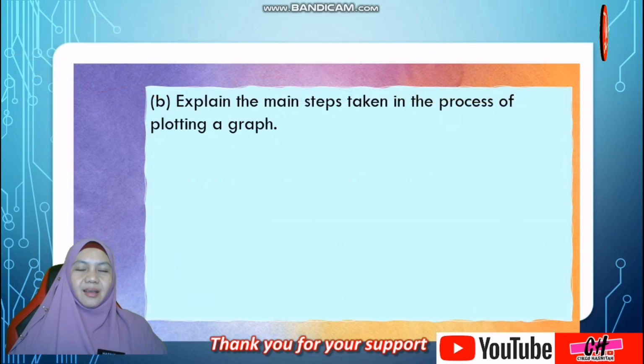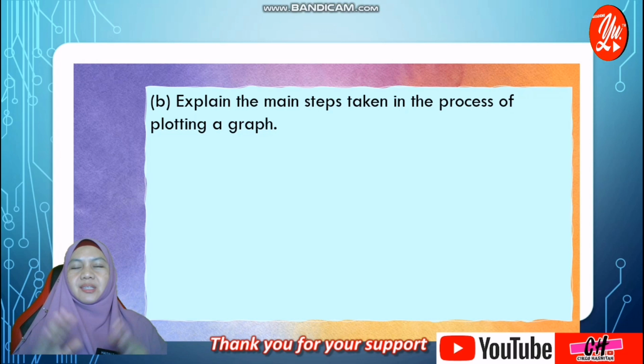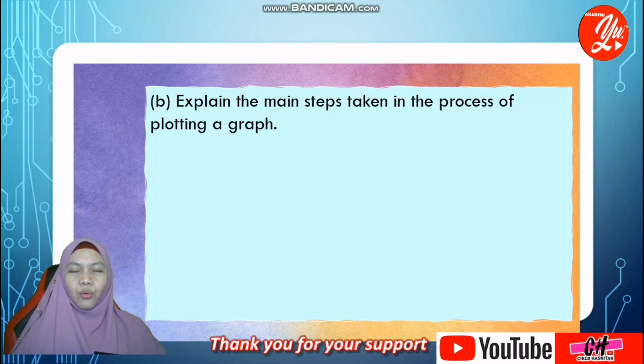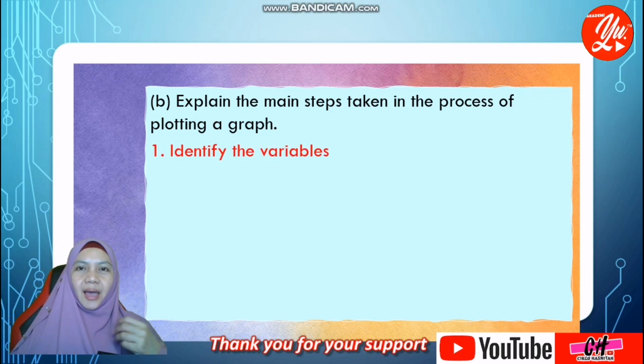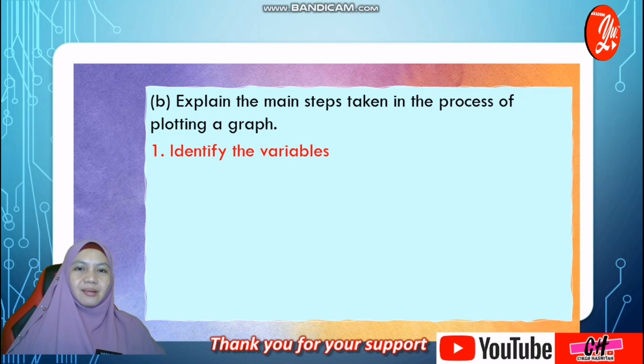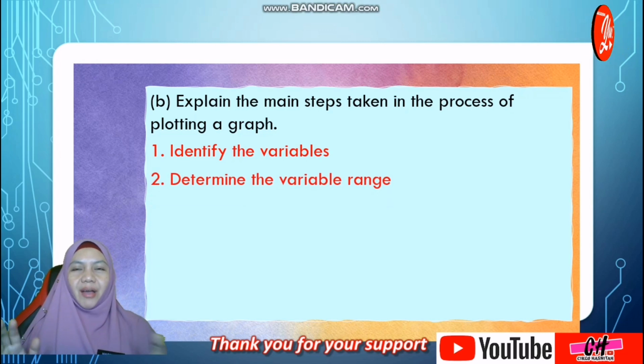And second, explain the main steps taken in the process of plotting a graph. So what are the steps you have to follow in order to draw or present your graph? Number 1, first you must identify the variable. Which one is the MV, which one is the RV, from the data collection. Second, we have to determine the variable range.